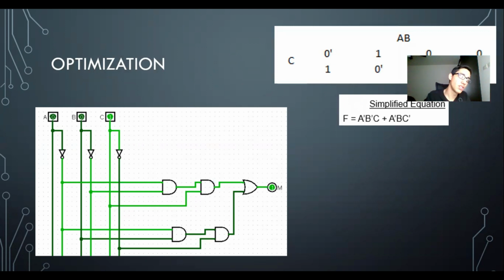We input this equation into Logisim, and we tried using more basic logic gates with 2 inputs and 1 output. We used 4 AND gates and 1 OR gate. As we can see, we have our 3 input variables, all of our gates, and the last output variable.